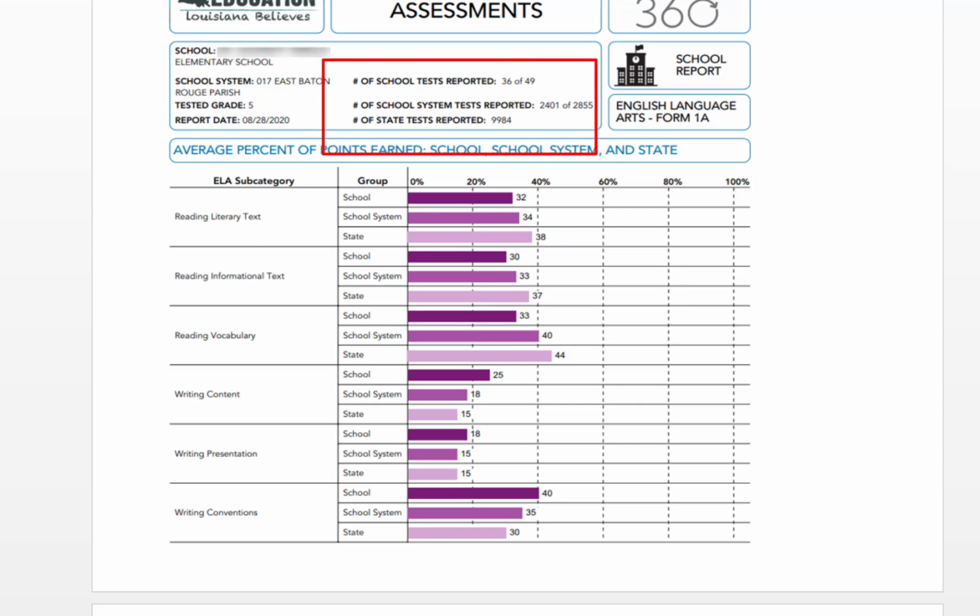Notice that in the school summary report, it'll tell you the number of school tests reported. So 36 out of 49. So there are 49 students in all of those sessions listed, and this is ELA, grade 5.